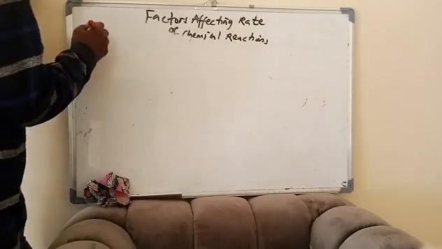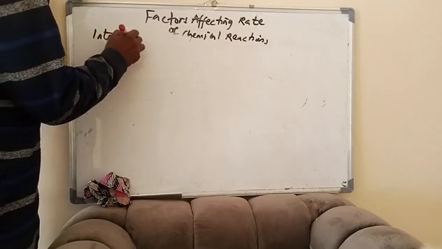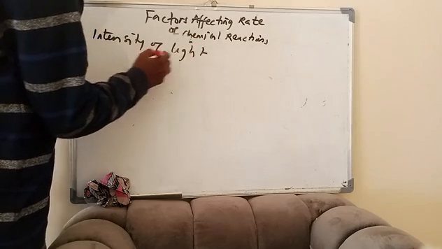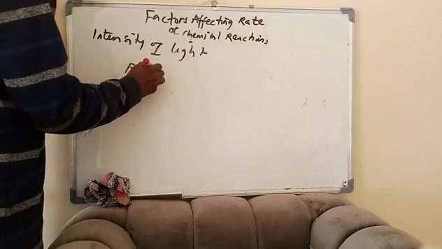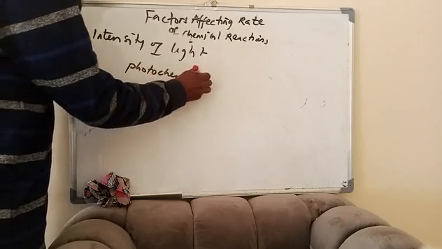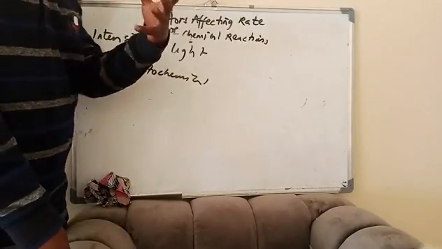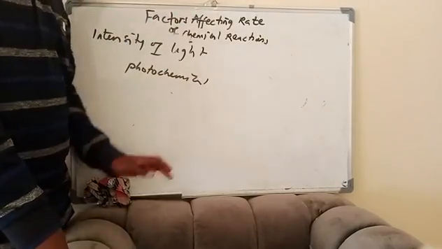Then we talk about the intensity of light. Like I mentioned, there are some reactions which we call photochemical reactions. The photo is taken from light. So there are those reactions that are influenced by light. Without light, they don't take place.